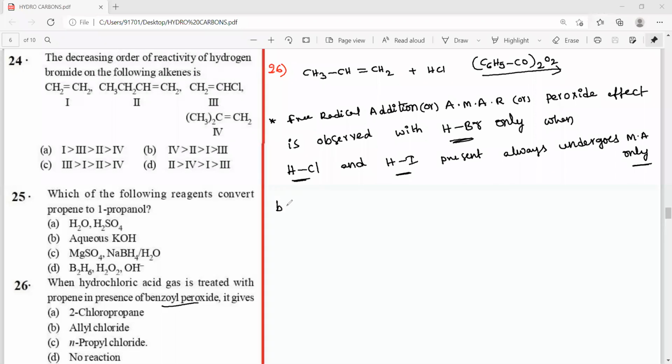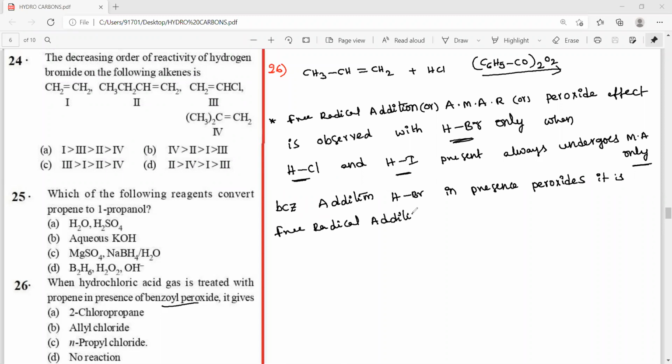Because addition of HBr in the presence of peroxides means it is free radical addition.